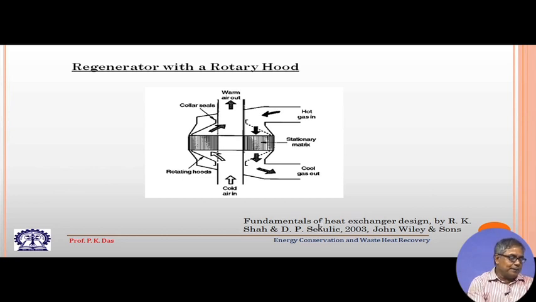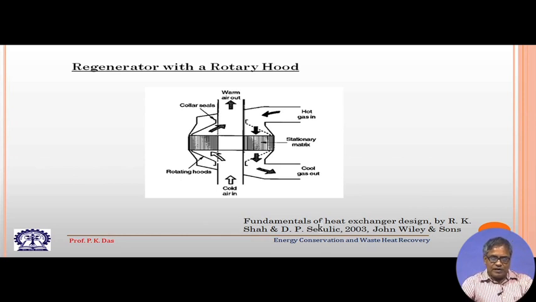Here what is happening? There is a switchover of the path of the hot gas and cold gas, but not by a valve, but with the help of a rotary hood. So, this is the difference. Otherwise, from the construction point of view, it is very close to a rotary wheel kind of regenerator.